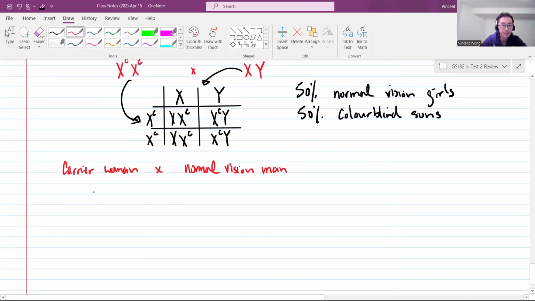Carrier woman means she does not have color blindness, but she has one colorblind gene, so that's XXC. We don't put C on both copies because she isn't colorblind. She's a carrier; she has a normal X to cover up the disease allele. Normal vision man is like this. I'll give you 2 minutes. Go figure it out, and then we'll go over it.